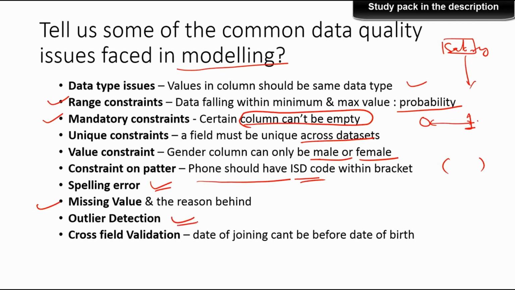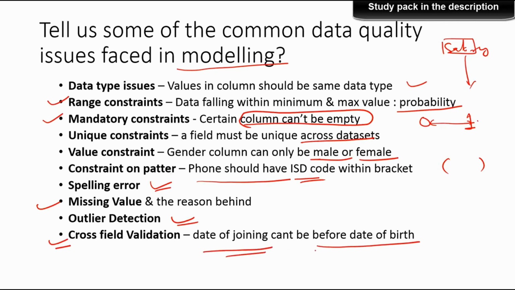Outlier detection. Outliers are a big problem in modeling. Ensure that you detect outliers and remediate them before you start building models. Cross-field validation. For instance, the date of somebody joining the firm cannot be before the date of his birth, right? A simple thing.